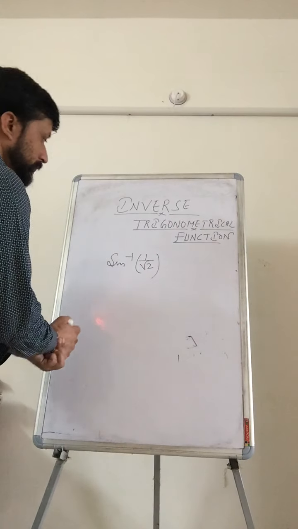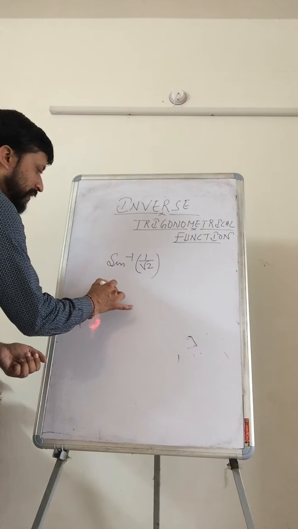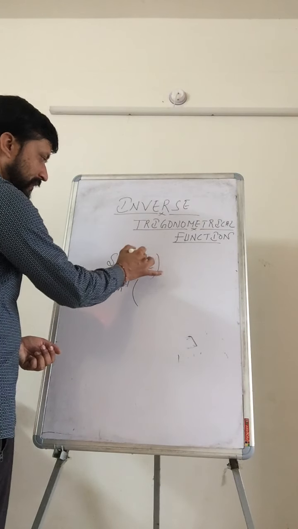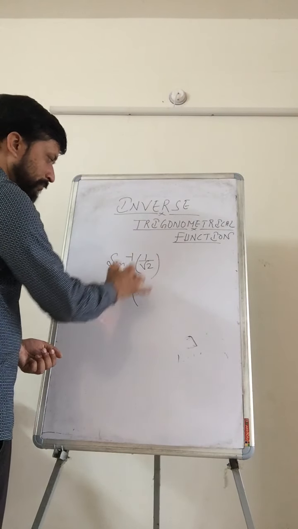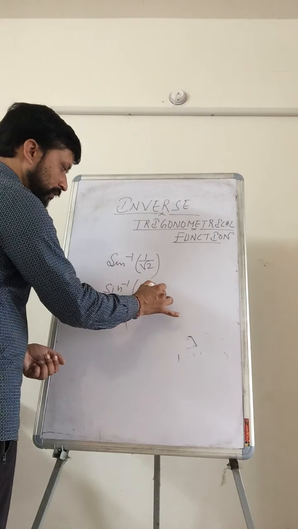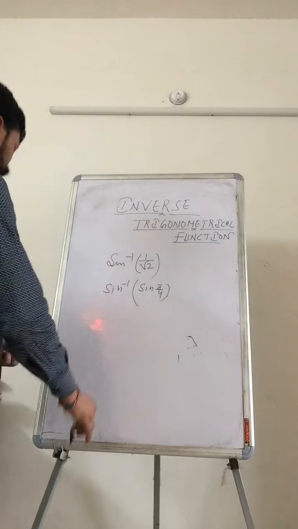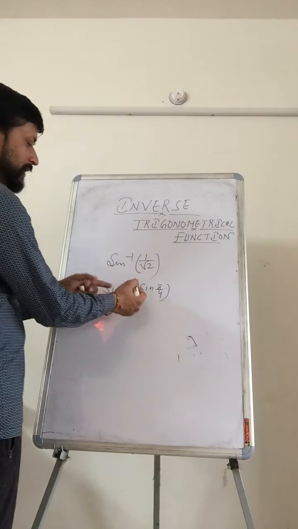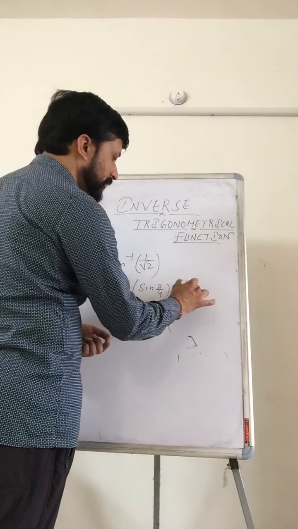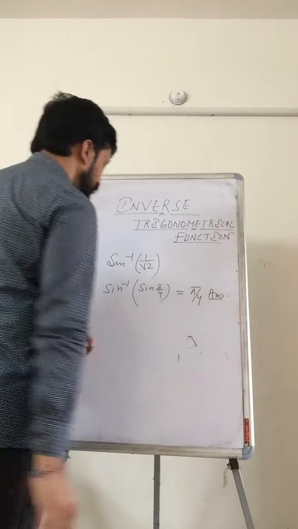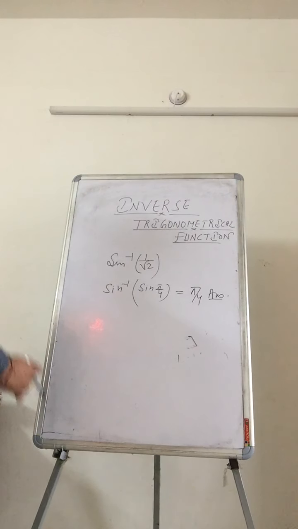Principal value means here we will write sine inverse, and then we know for what angle of sine we will get 1 by root 2. We know it is pi by 4. Don't write degrees, write in radians. Now you know the rule, sine inverse sine theta equals theta, so very simple, pi by 4 is your answer. Now the second question.